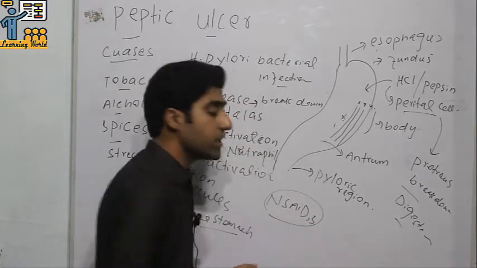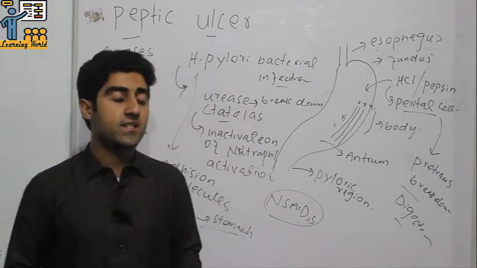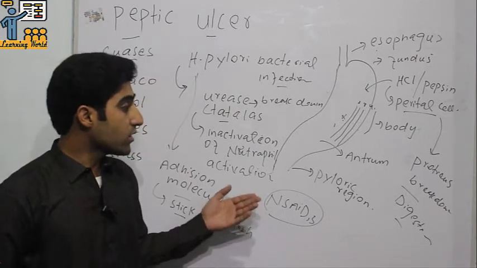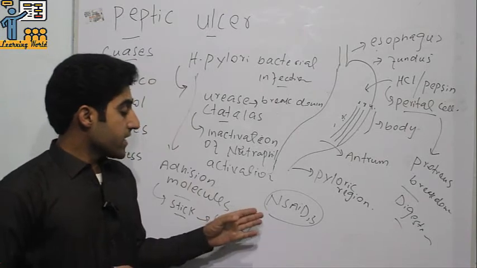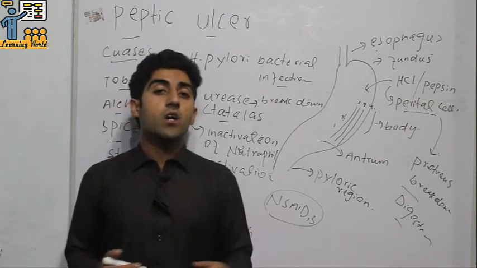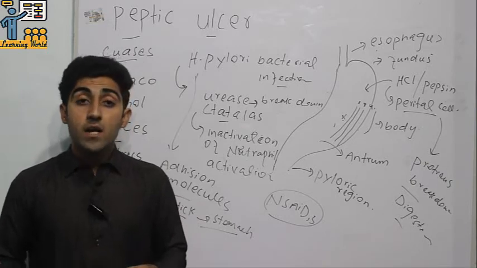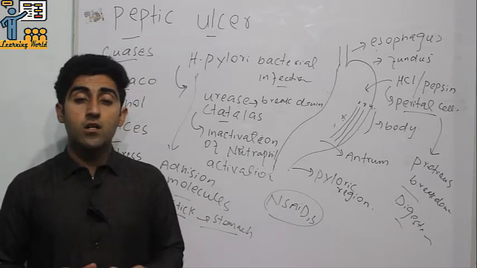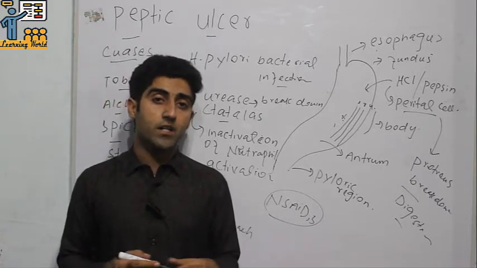NSAIDs are the non-steroidal anti-inflammatory drugs like aspirin, ibuprofen, etc. The NSAID will also cause the ulcer, because non-steroidal anti-inflammatory drugs block both cyclooxygenase 1 and cyclooxygenase 2 enzymes. If they block the cyclooxygenase enzyme, inhibition of prostaglandin will occur.